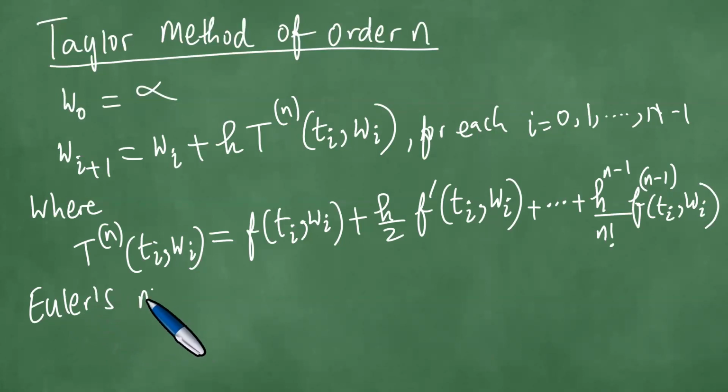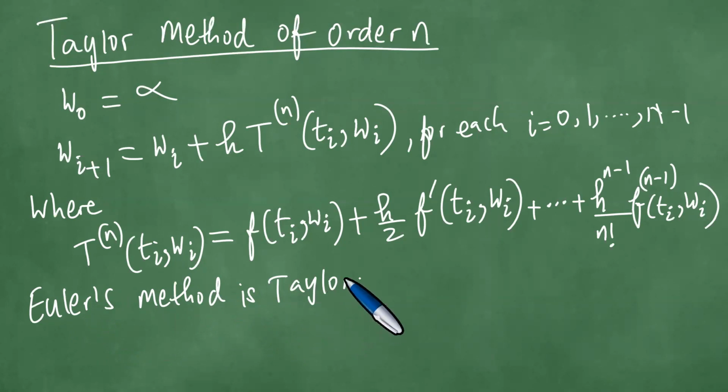Euler's method is Taylor's method. We can appropriately call it Taylor's method, but sometimes it's called the Taylor method.